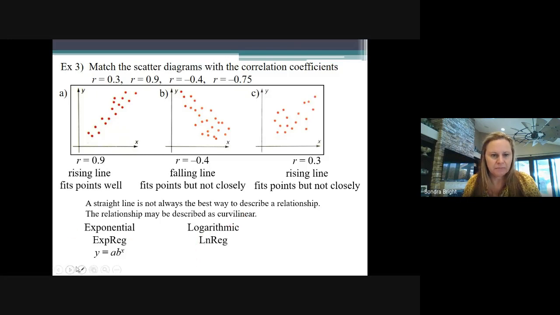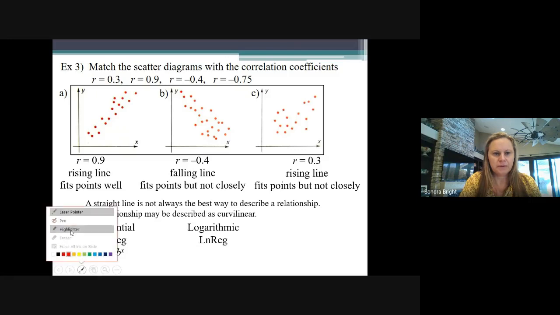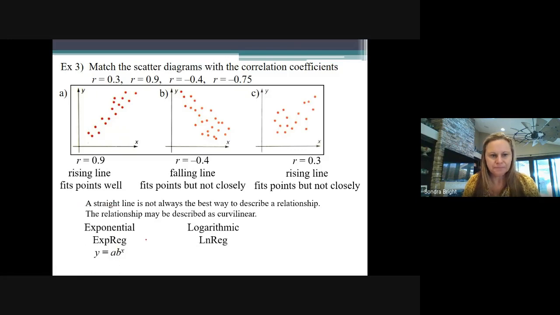So here, let me, an exponential. I don't know why it's not letting me change. There we go. Okay. Exponential. An exponential would increase like that. A logarithmic would increase like that.